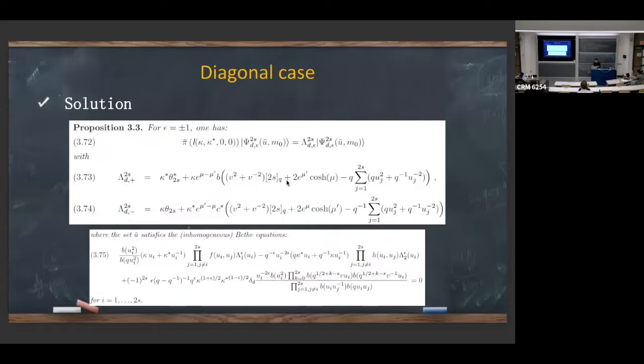And the problem now is that here is the expression that depends on the Bethe roots, and the Bethe equations are a bit complicated in this case because there is all this term here. This is what I mentioned before: it's the inhomogeneous term, and it's not very easy to solve this equation.